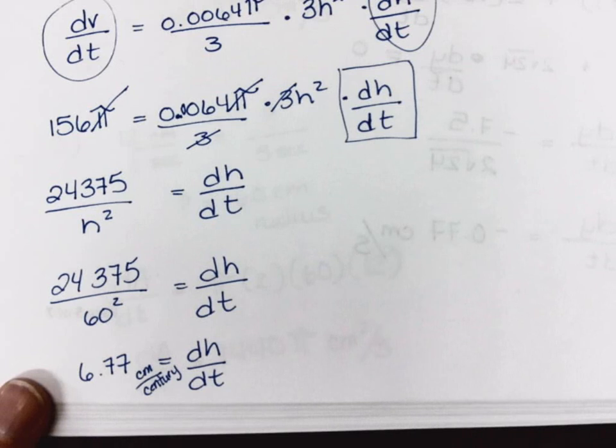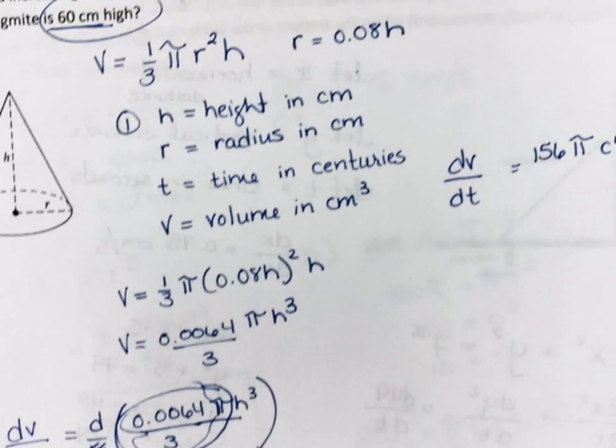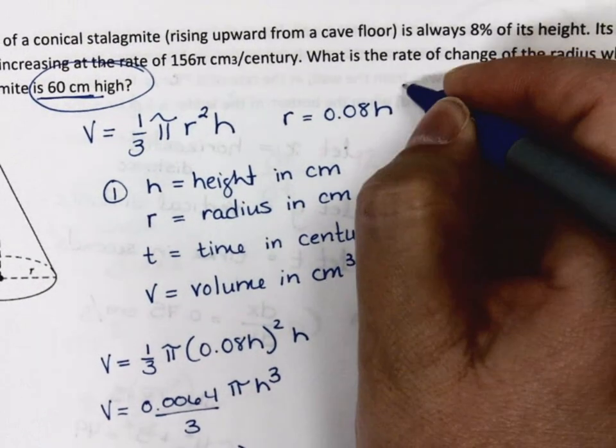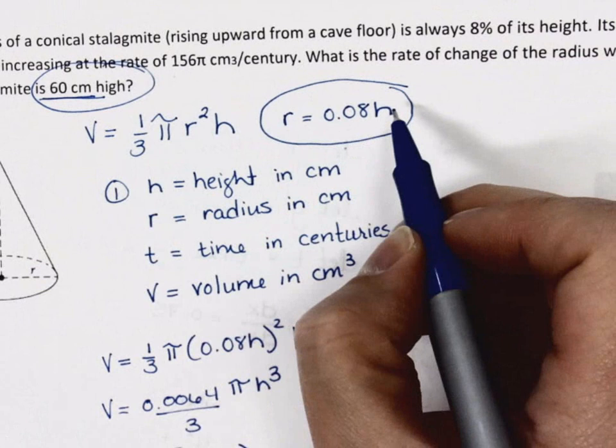All right, so this didn't answer our question though. Our question's about the rate that the radius is changing. We had an equation that Rahat was so nice to give us that relates radius and height.